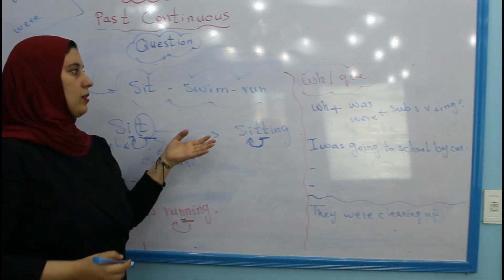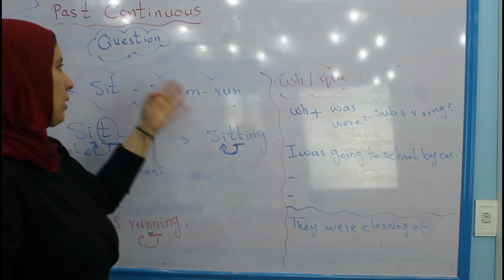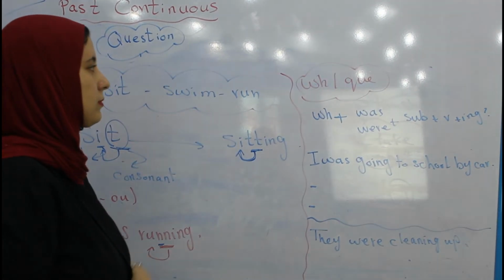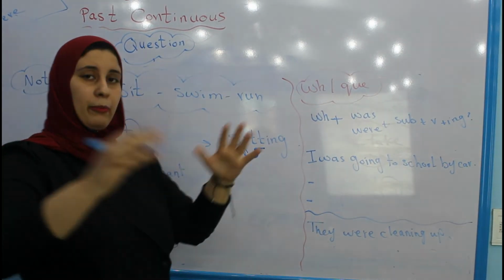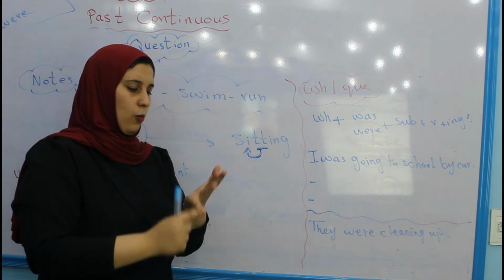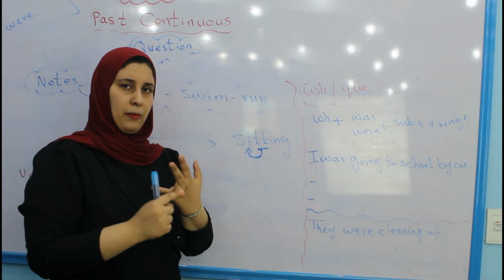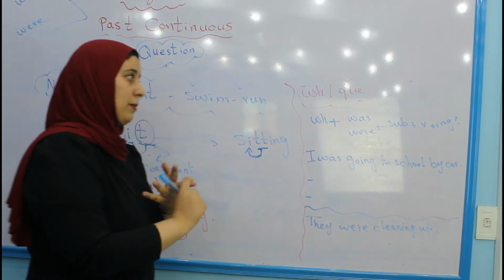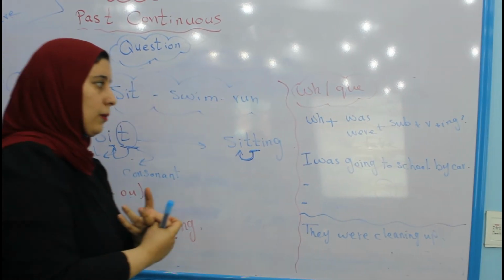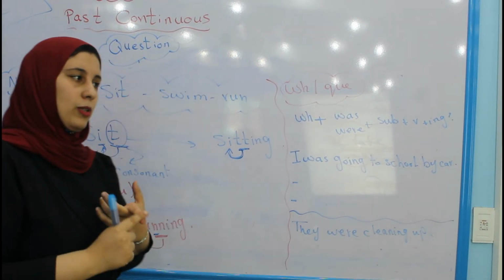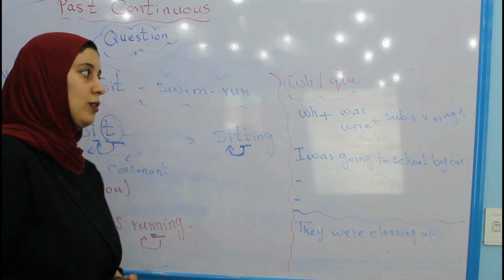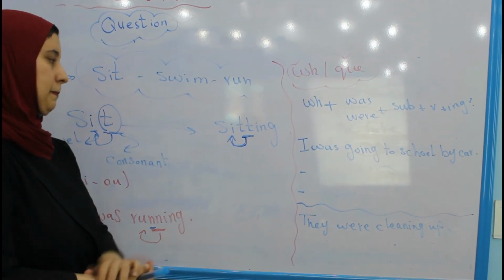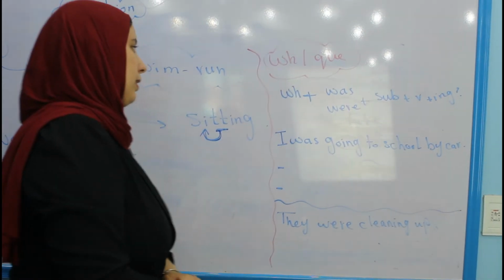Okay, now let's talk about the second type of question. The second type begins with a question word. We have many question words. We have what; where, which asks about the place; when, which asks about time; how, which asks about a case or a means of transport; how many, how much, how long, how far, and why.